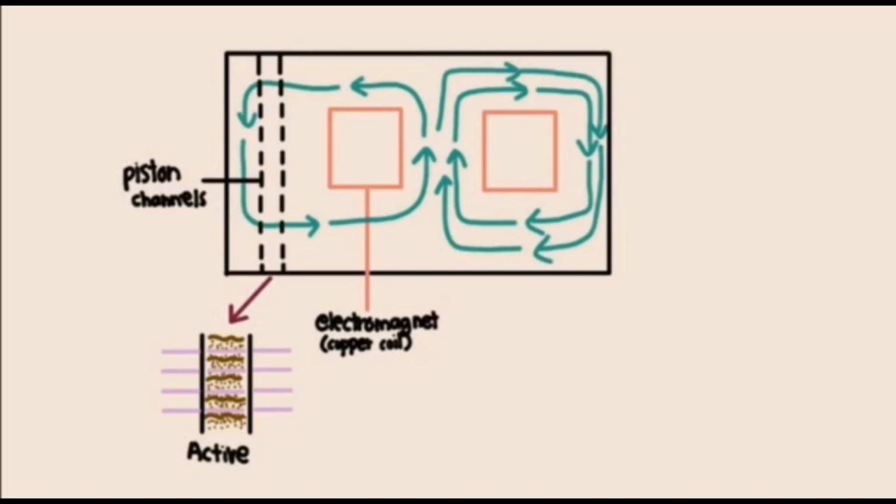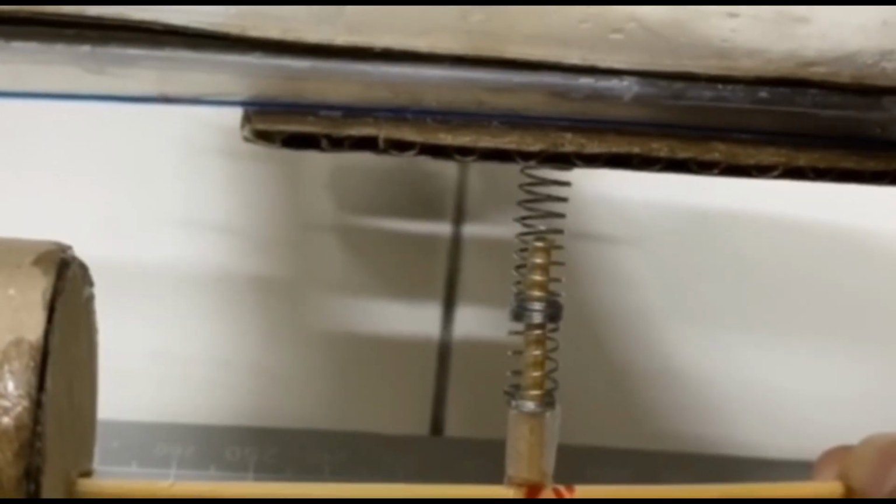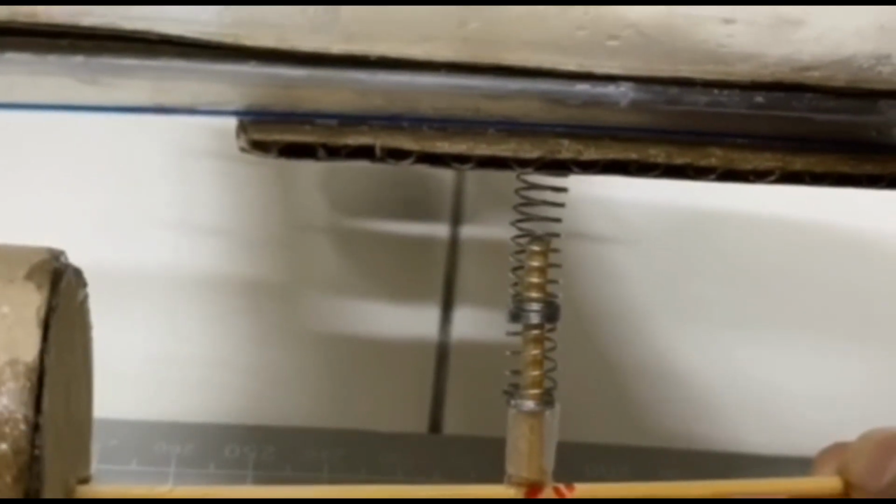The oil has a much tougher time moving through the layers of electromagnetic particles, like just holding in place. So the oil gets restricted because of the magnetic force and prevents the piston from moving. Lastly, the suspension becomes a rigid system.